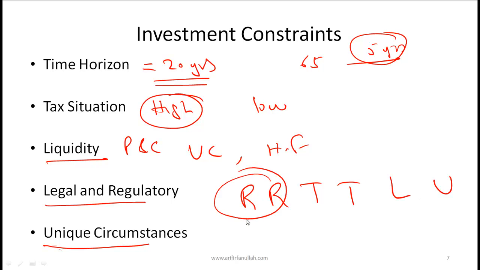R and R stand for risk and return, which we've talked about before, and then TTLLU is simply what you see here: the time horizon, tax situation, liquidity, legal and unique constraints. So this is actually a nice tip. I would encourage you to memorize this little phrase, RRTTLLU. That way you remember the most important parts of the IPS.